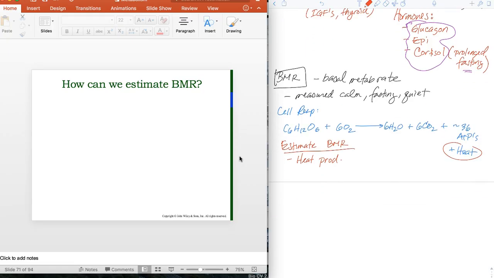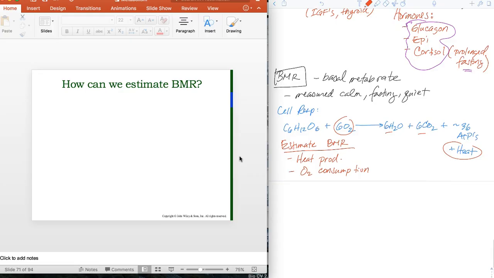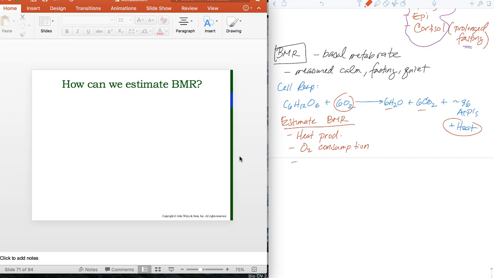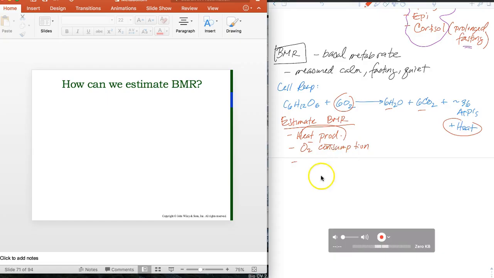You can also look at oxygen use. Water would be hard to estimate. CO2 production, possibly too. But what's practical? What are you going to do, put them in a container and see how much the temperature changes over time? You do this with animals sometimes, but it's hard to do with people. Oxygen consumption too is not very practical.